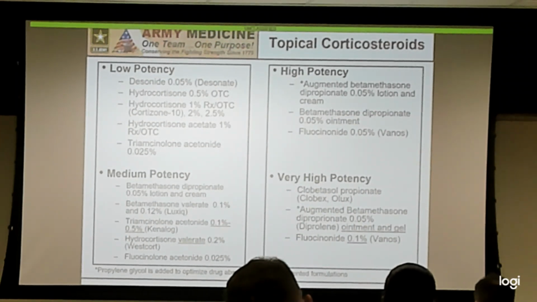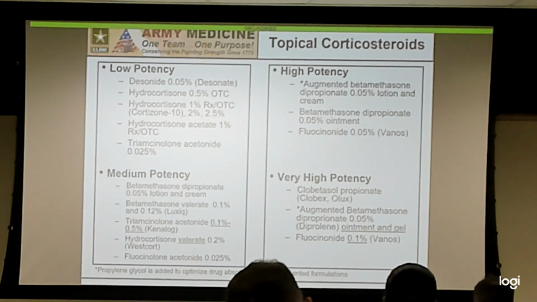With these, you see that there are a lot of the same names being used, but the percentage of the medication is different. So when you see your triamcinolone, you see that your low potency is 0.025%. But when you get to your medium potency, it's 0.1 to 0.5%, okay? Same active ingredient, but the strength is a little bit higher.